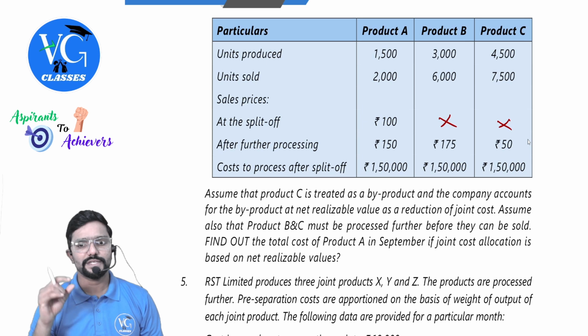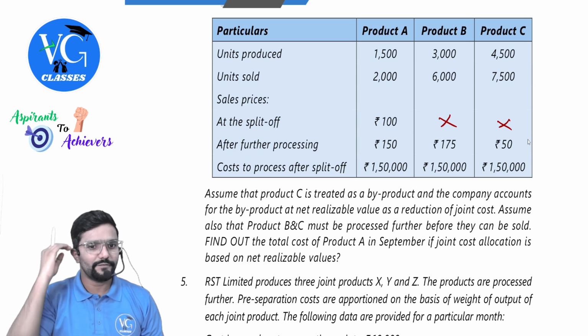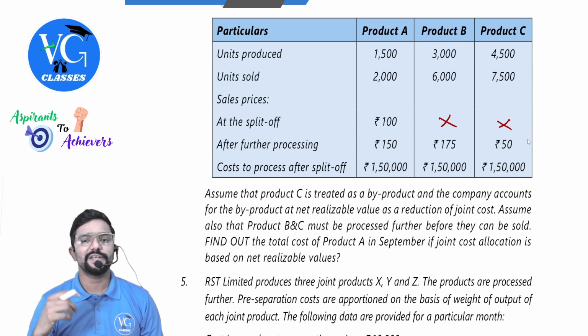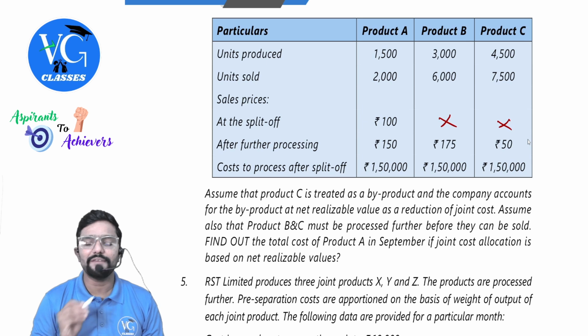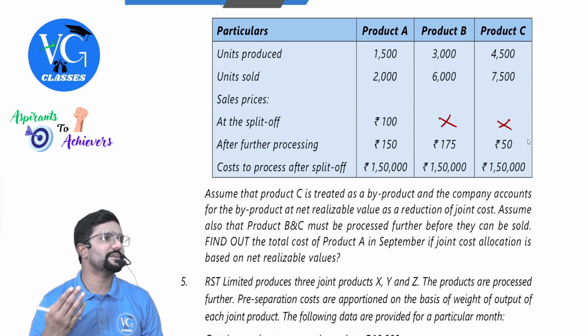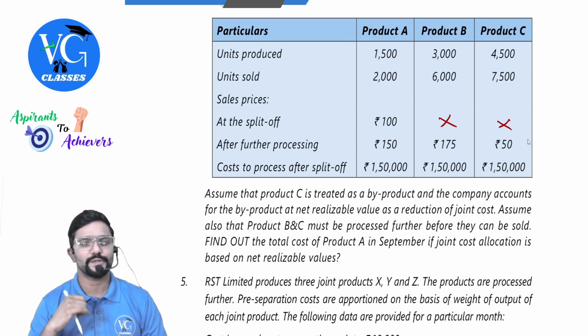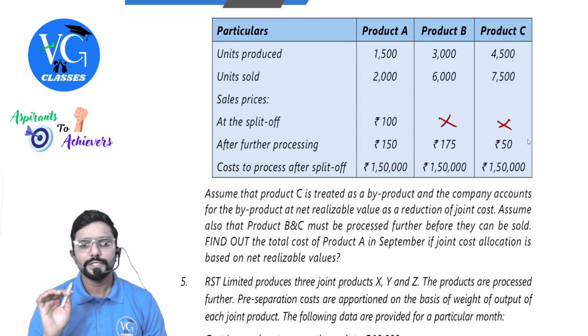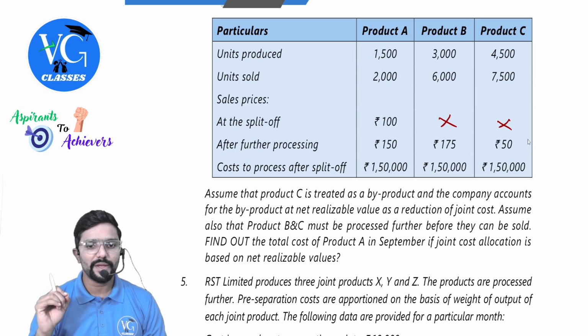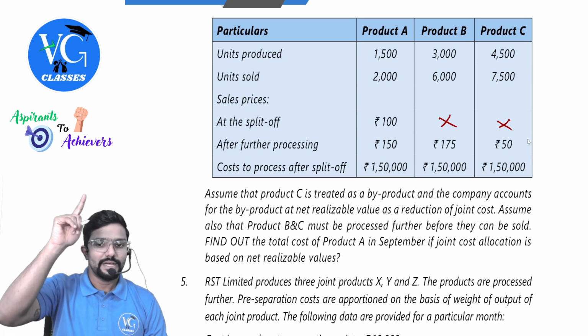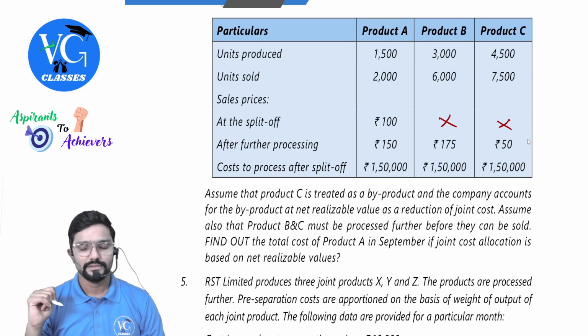Okay. After further processing, they have given 150, 175 and 50. Cost to process after split off 150, 150, 150. Guys, only for A, I have a choice. I can either sell it at split off point or after further processing. Assume that product C is treated as a byproduct and the company accounts for the byproduct at net realizable value as a reduction of joint cost.